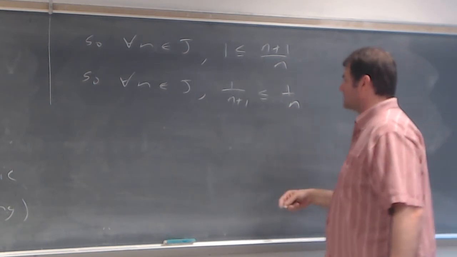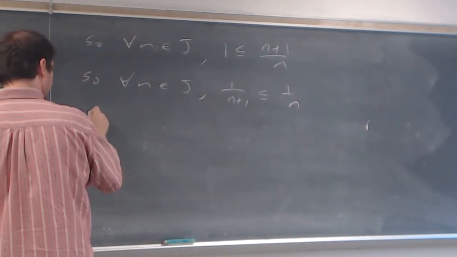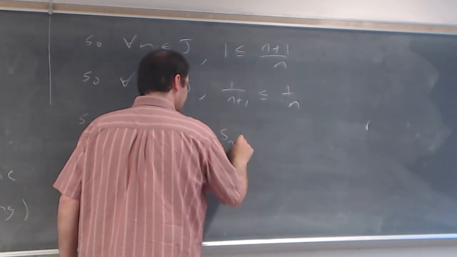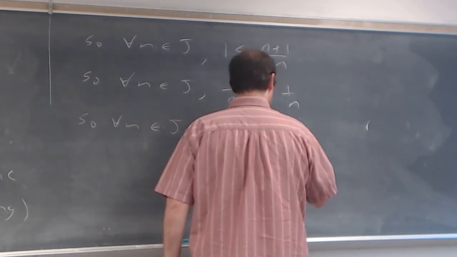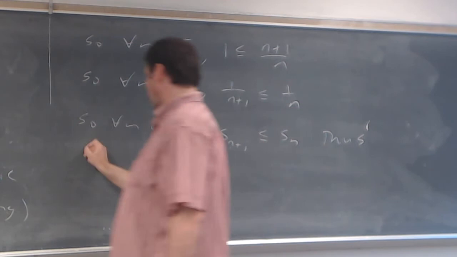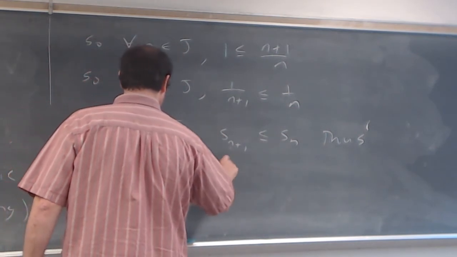But that's the s of n plus 1 term. So for all n element of J, we have s of n plus 1 is going to be less than or equal to s of n. And that means 1 over n is monotonically decreasing.